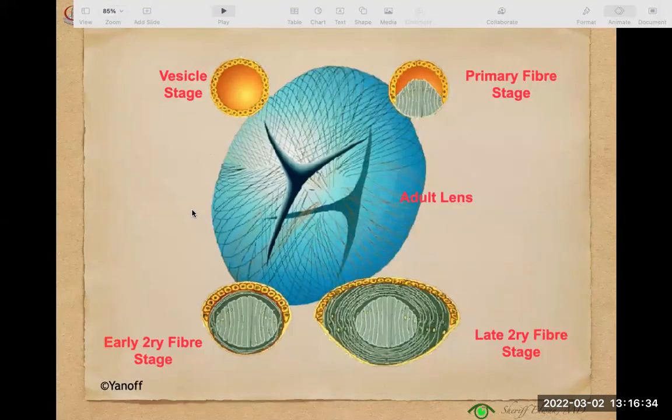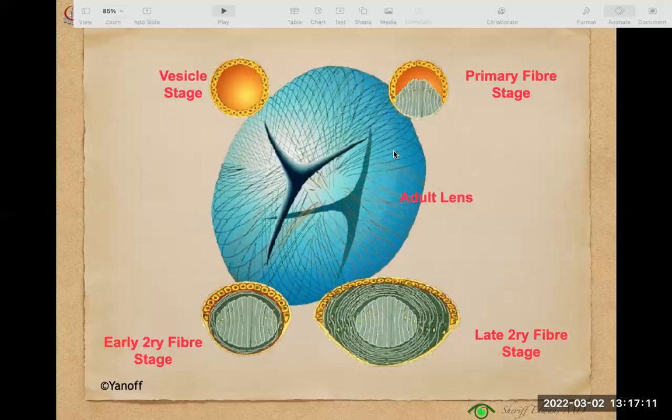Now, the crystalline lens starts as a vesicle with a cavity, and then the cells that have evaginated into the optic vesicle start to form the fibers, and these lens fibers develop to the inside. The primary lens fibers are to the inside and the secondary to the outside. This is the late secondary fiber stage.